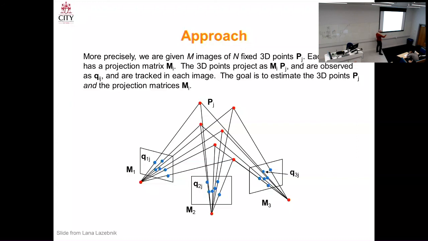The projection is based on the camera projection matrix, which we described earlier in this lecture. So you have these points in the images, and you track those points from image to image. The goal is to estimate the points in 3D and the camera projection matrices. So given Q, give me big P and big M.